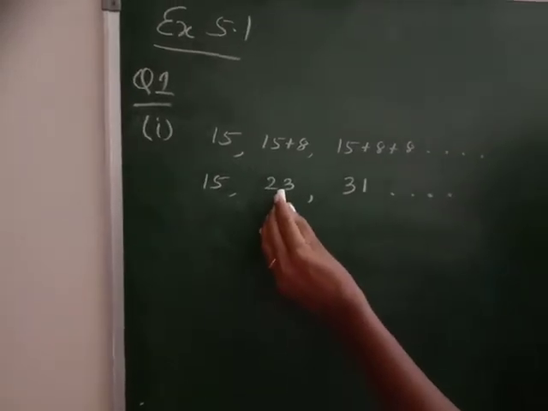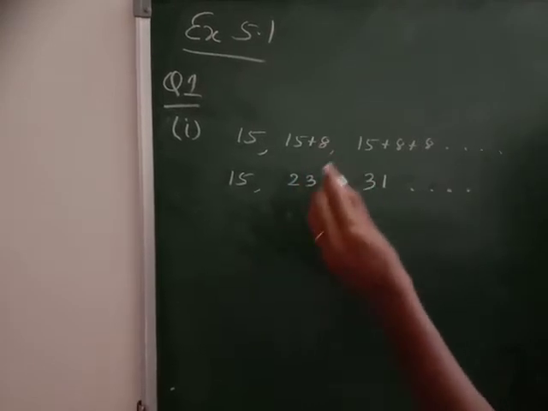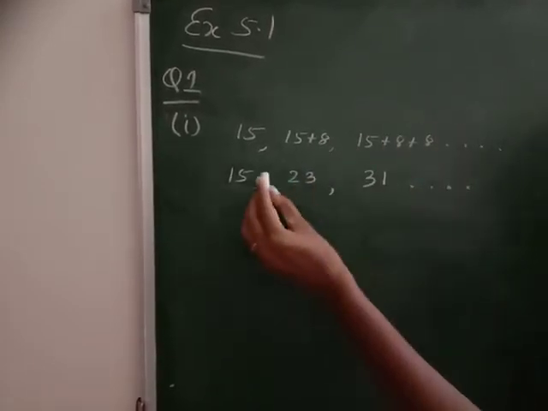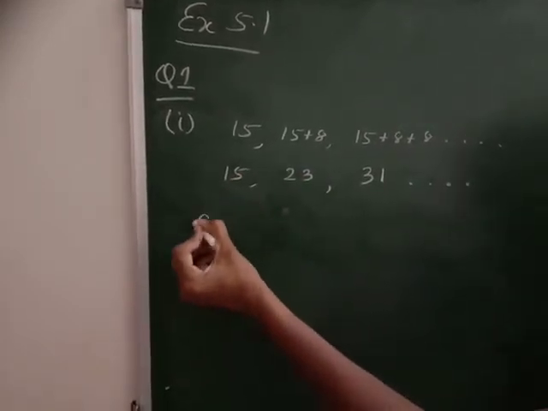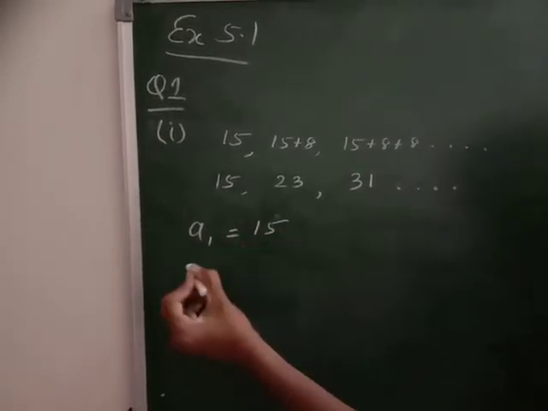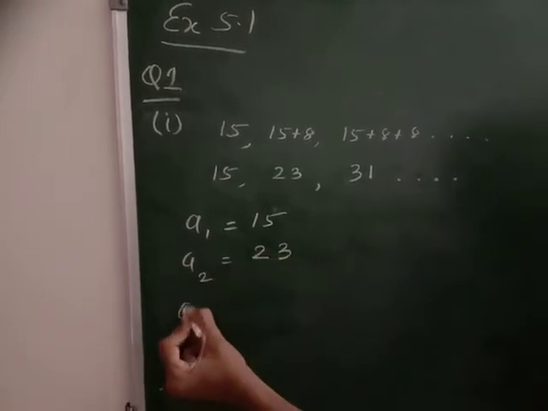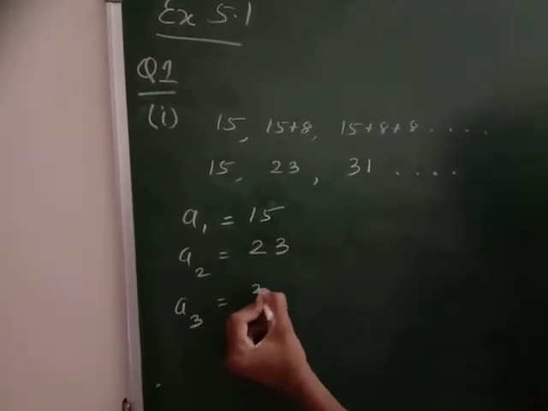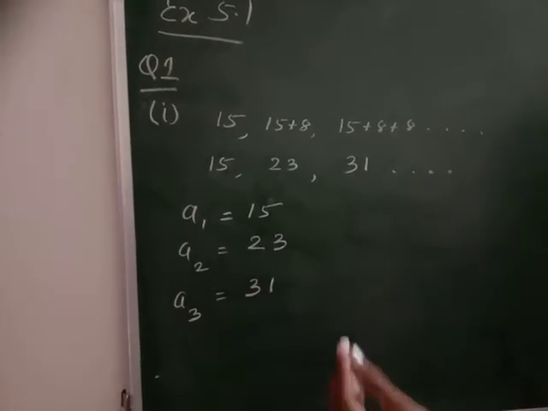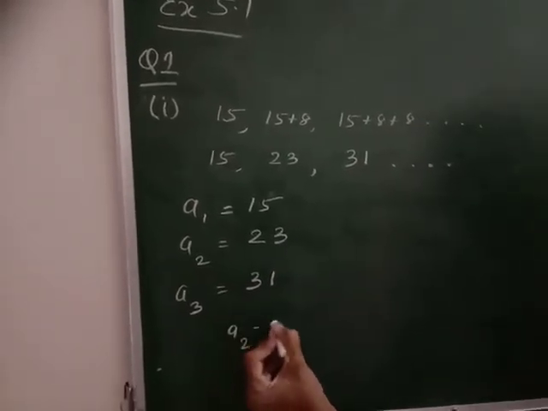Now here I have to show whether it is an AP or not. So what is my first term? My first term, that is A, or you can write A1, is 15. What is my second term? That is 23. What is my third term? That is 31. Okay, so let us find out what is A2 minus A1.